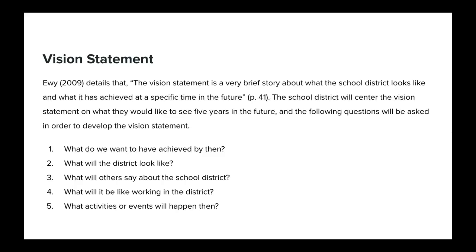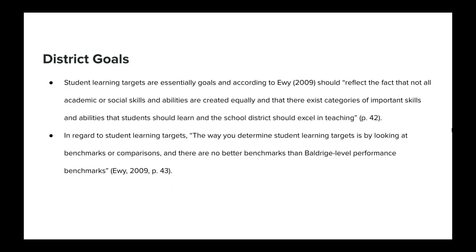And the types of questions we'll ask to develop that will be, what do we want to have achieved by then? What will the district look like? What will others say about the district? What will it be like working in the district, and what activities or events will happen then? So, like I said, just a brief story of what the school district looks like and what it hopes to achieve in 5 years.